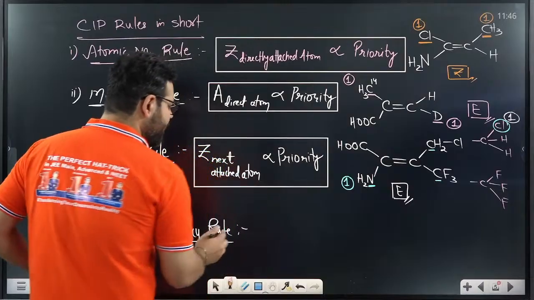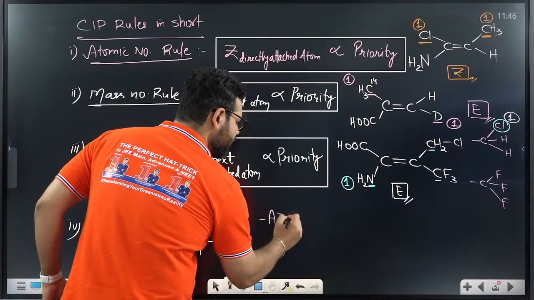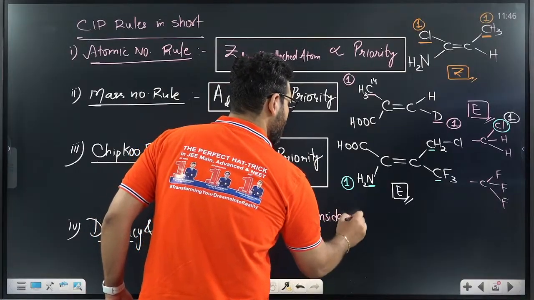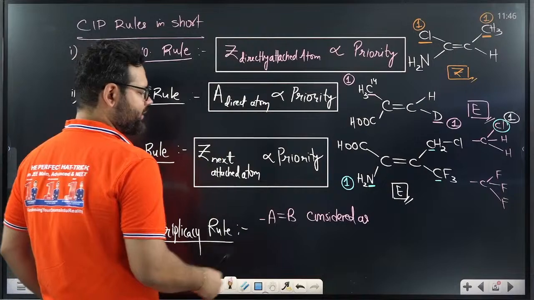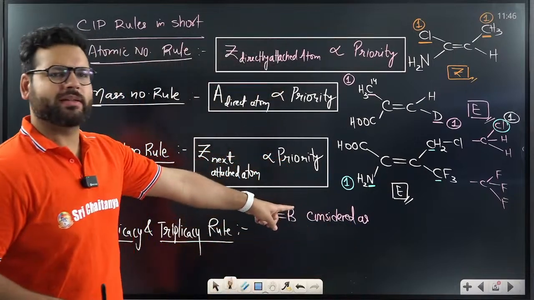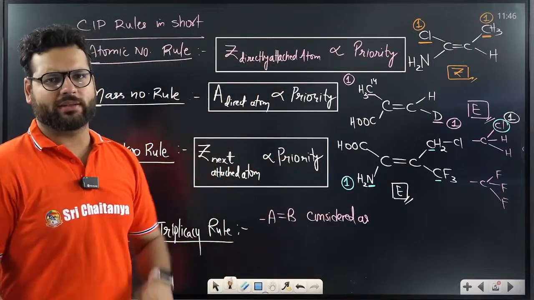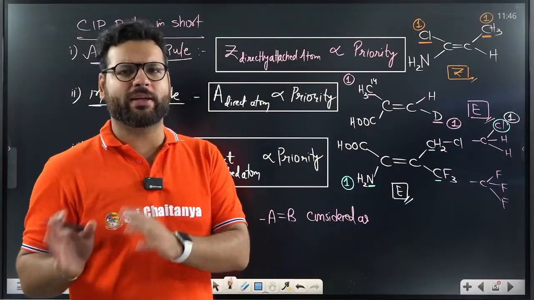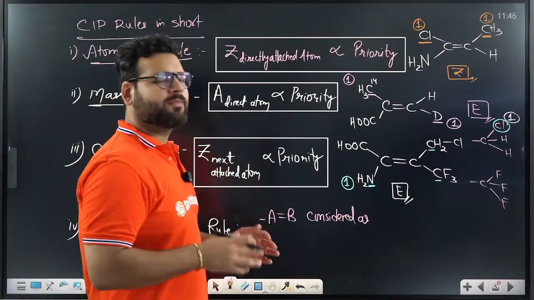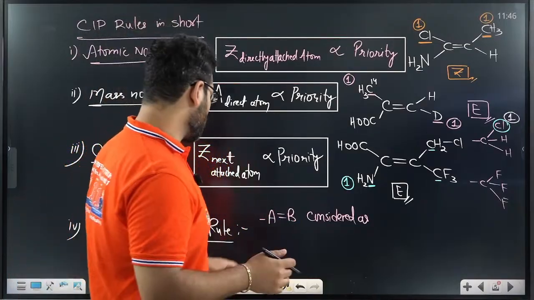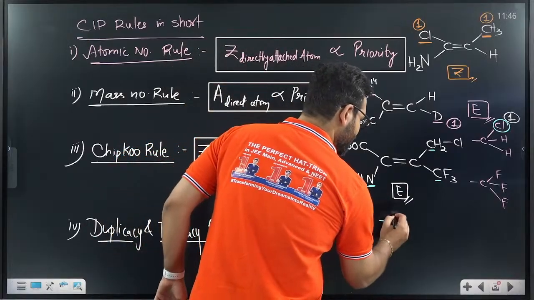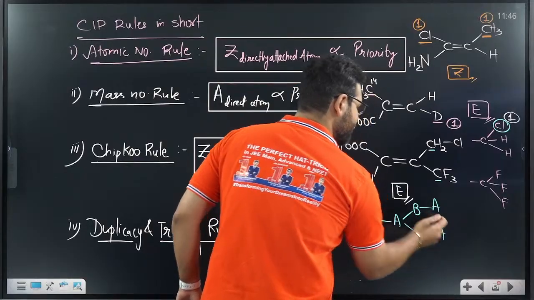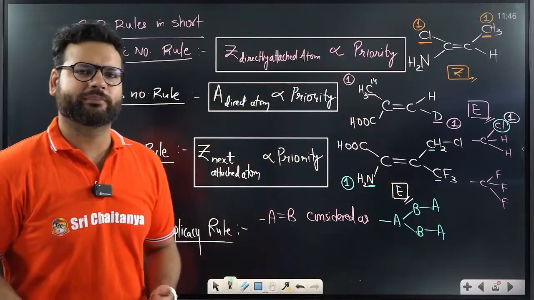This means that A double bond B will be considered as A attached to two B's and B attached to two A's. B double bond A means B is attached to two separate A's. So you can open it like this: A attached to two B's, B attached to two A's, one here, one there. This is how you duplicate it.